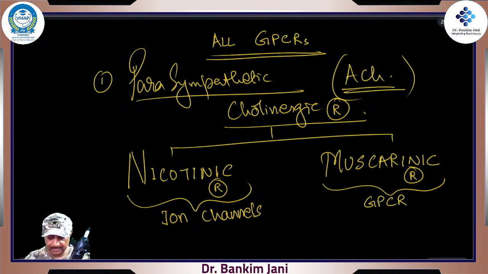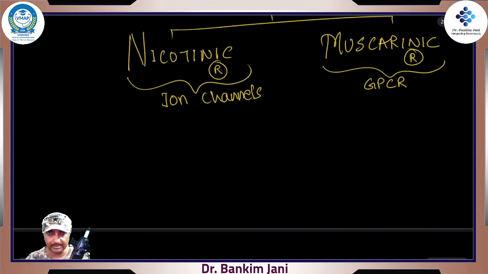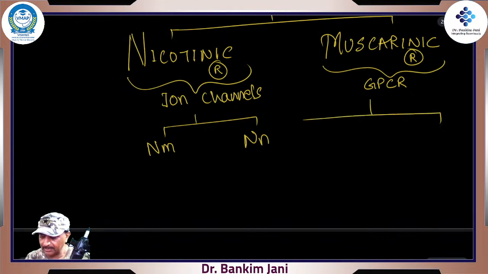The ion channels, or nicotinic receptors, are NM and NN, while the muscarinic ones are M1, M2, M3, M4, M5.